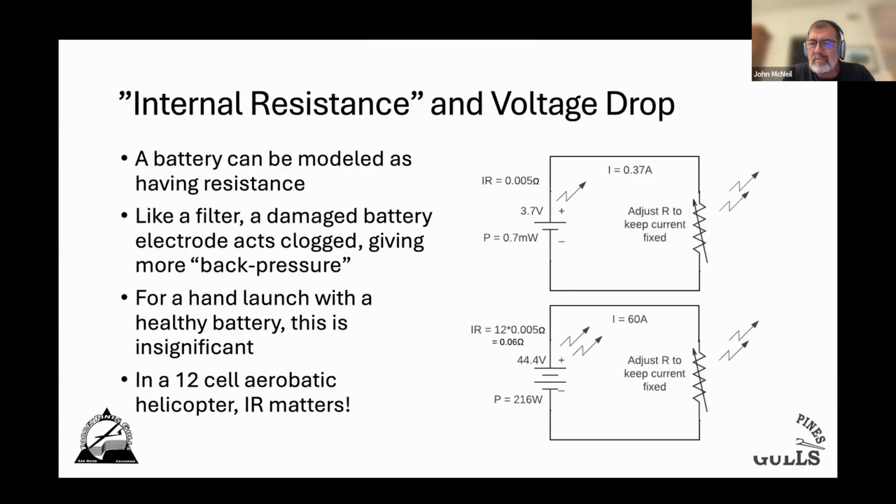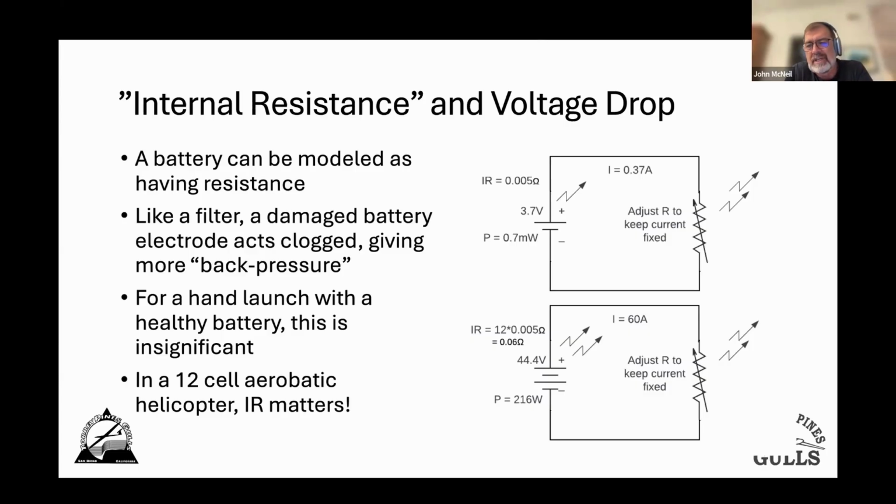So people talk about internal resistance of batteries. And again, for receiver batteries, you almost never think about it. We'll talk about why you would want to in a little bit. A good healthy battery, typical internal resistance for a lithium polymer is like 0.005 ohms.